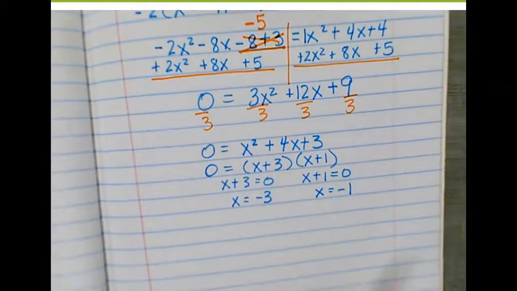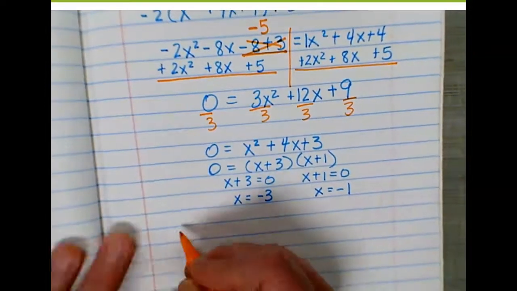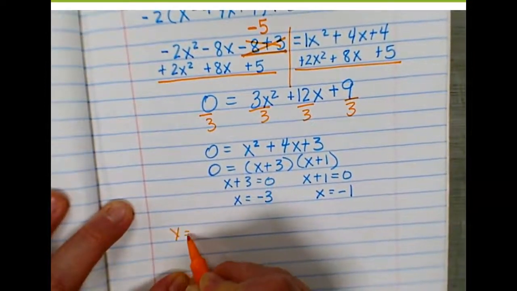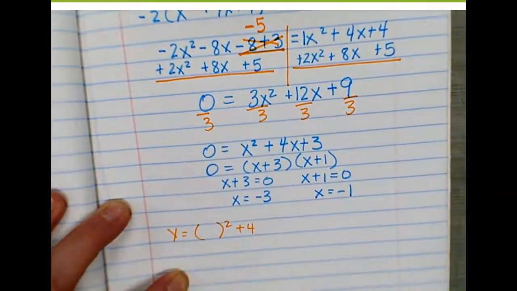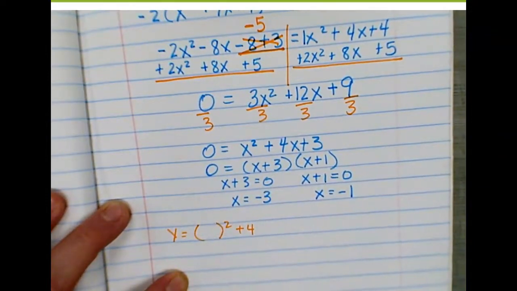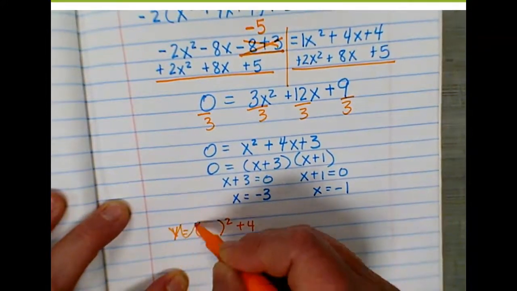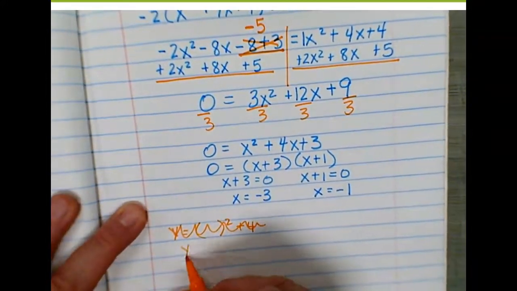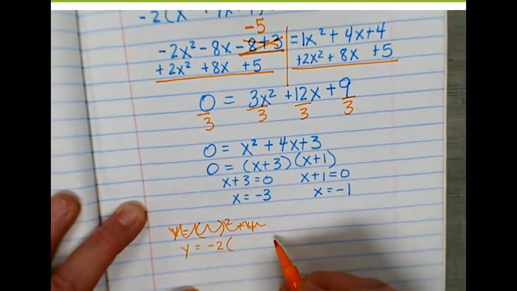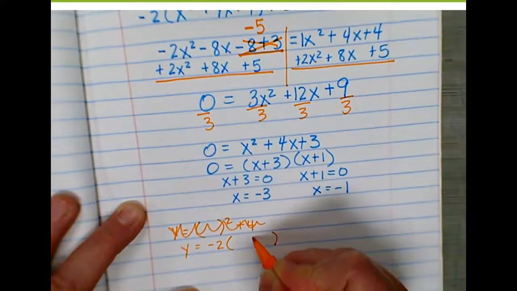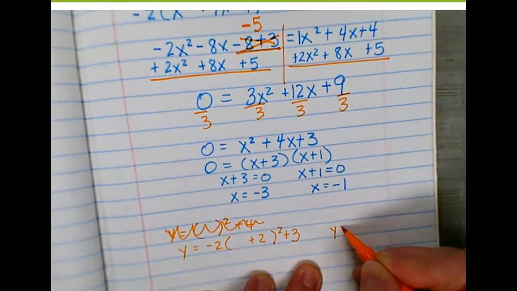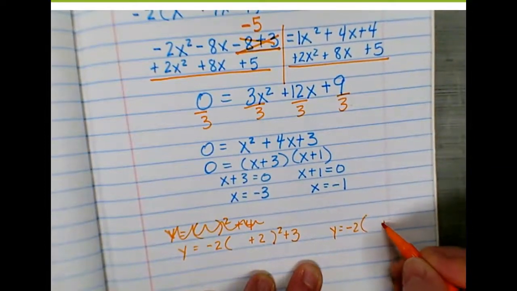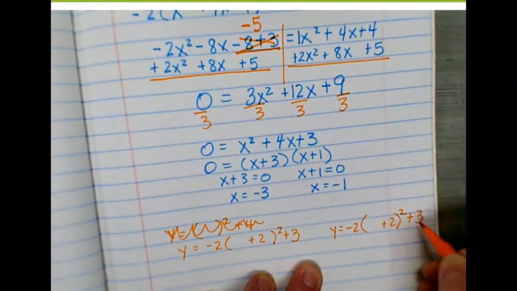I have 2 solutions. I go back to my original equation. I'm trying to decide which one I think is easier. I think the other one is easier. y equals -2 times (x plus 2) squared plus 3.